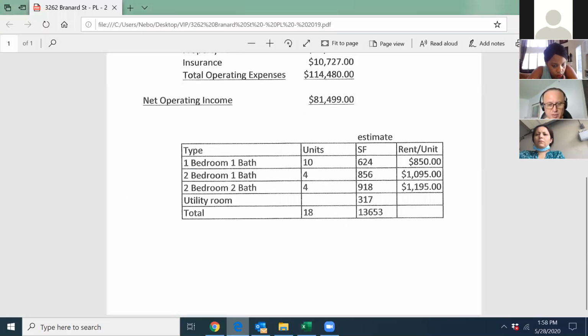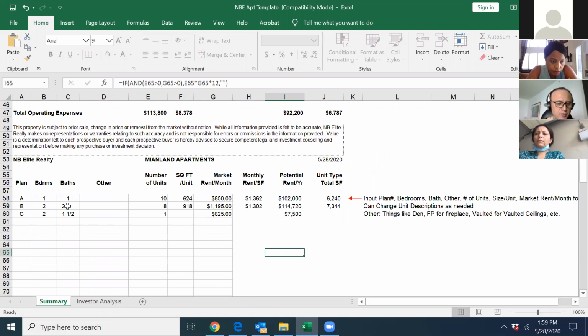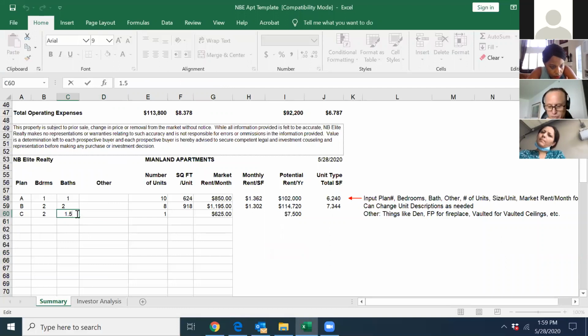Right now they're leasing for $1,195, 918 square feet. And then we have Plan C with 1 bedroom.